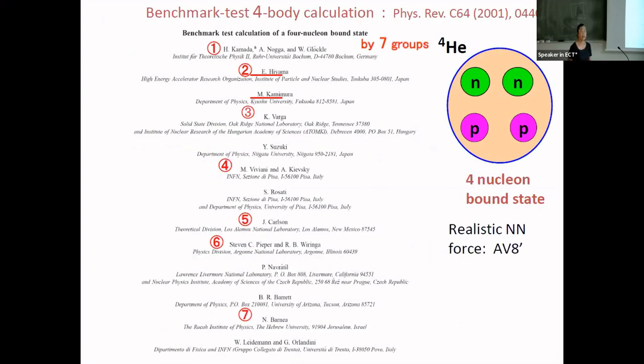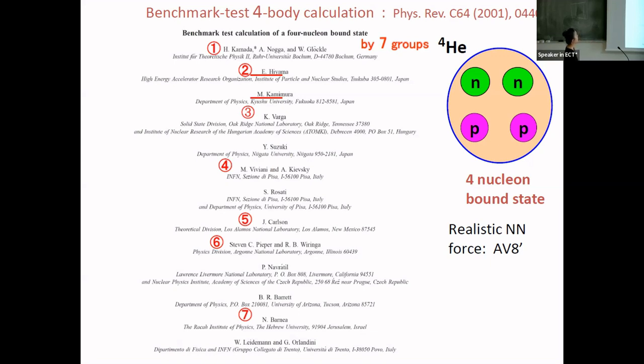In order to check our calculational accuracy, around 20 years ago we made a benchmark test of the four-body calculation, namely helium-4, using the AV8 potential among these seven few-body research groups.